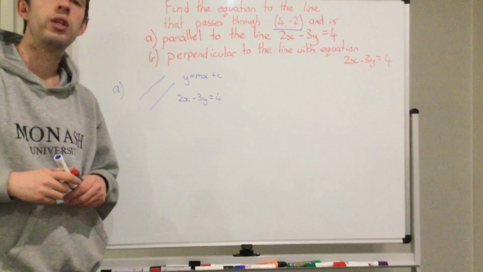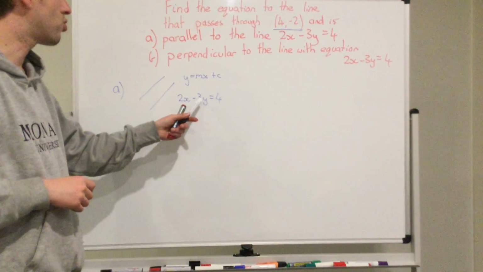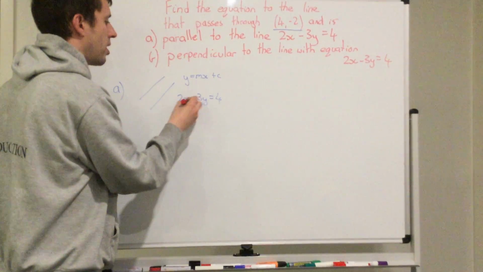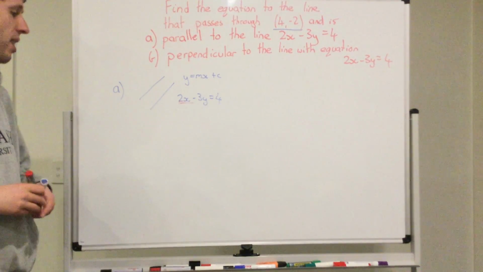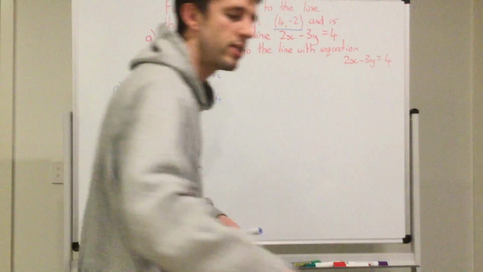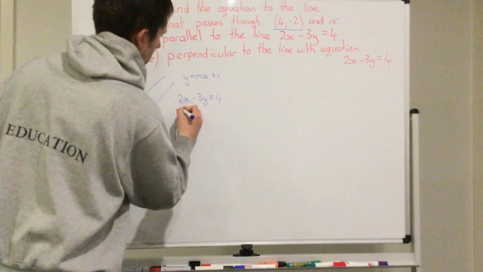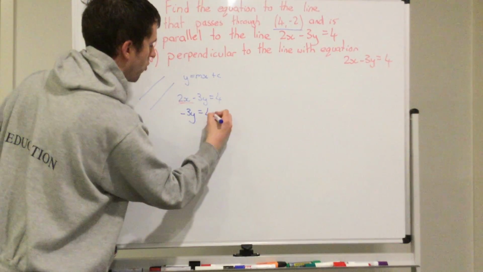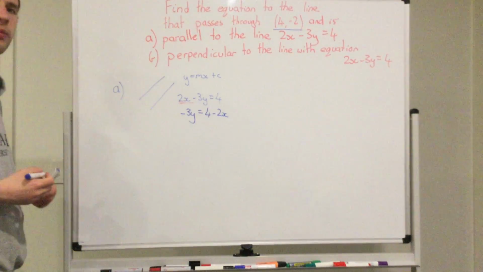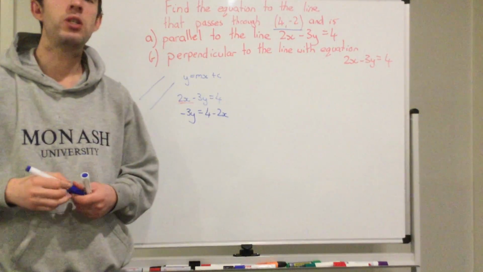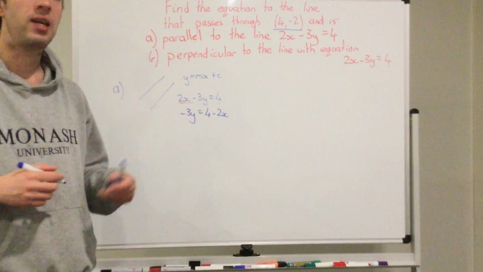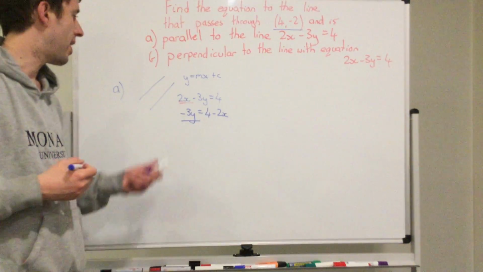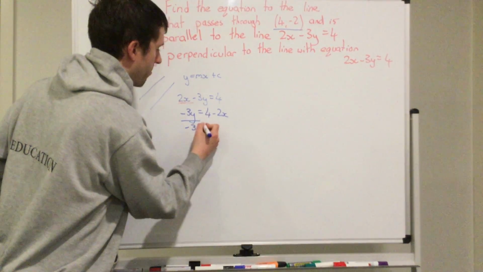The next thing I'm going to do is try and get y by itself. So I'm going to take 2x away from this side, and then I'll take 2x away from the other side. That leaves me with negative 3y on this side and 4 take 2x. To get y by itself, I need to divide that side by negative 3.